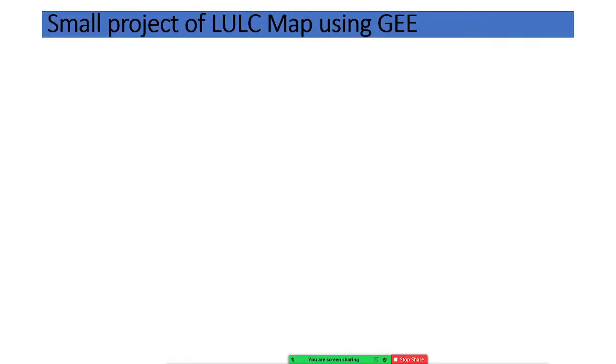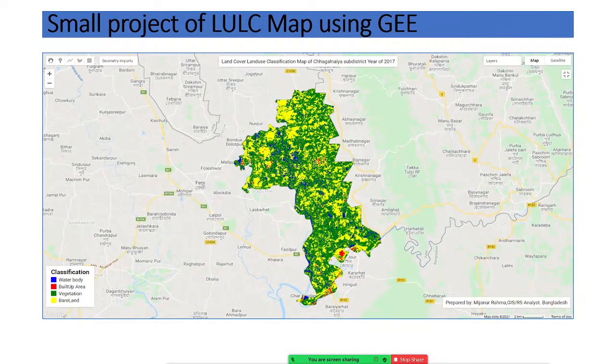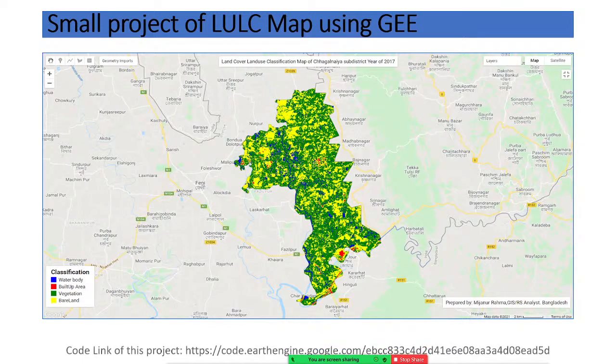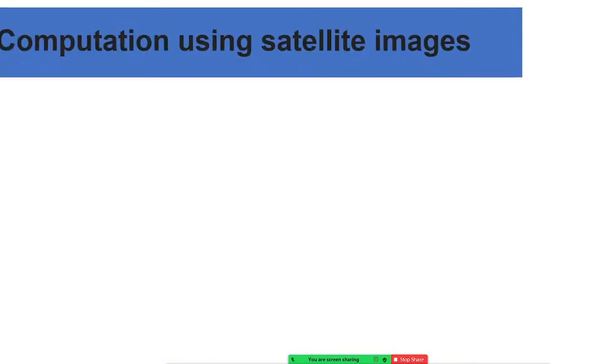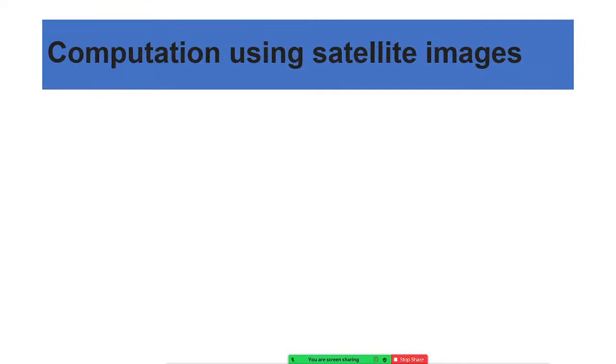So you can see this is a small project for a LULC map using the Google Earth Engine platform. Mainly this is the land cover classification map for the Saghline district, sub district. You can easily access this code from this link. Now I will try to discuss the computation using satellite images.